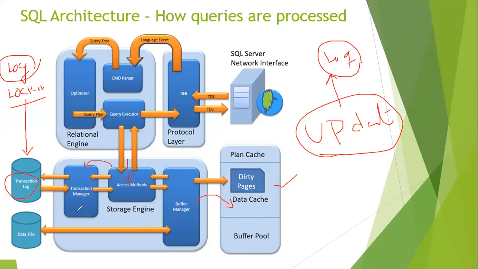Because let's assume that we are writing first into the data cache, the page which is there in the memory. If you write onto the data pages first, and a checkpoint happens, the page will be flushed to the data file.